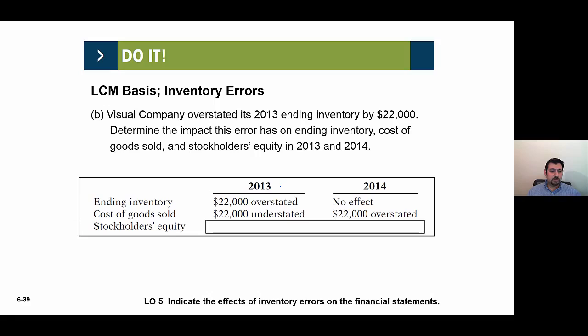So the cost of goods sold will also be overstated in 2014. Stockholders' equity will be overstated in 2013, but it has no effect in 2014, again because the ending inventory in 2014 will not be affected.